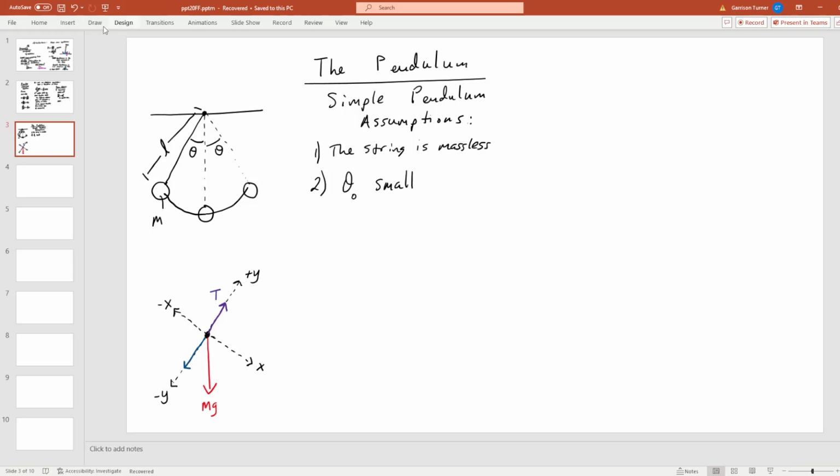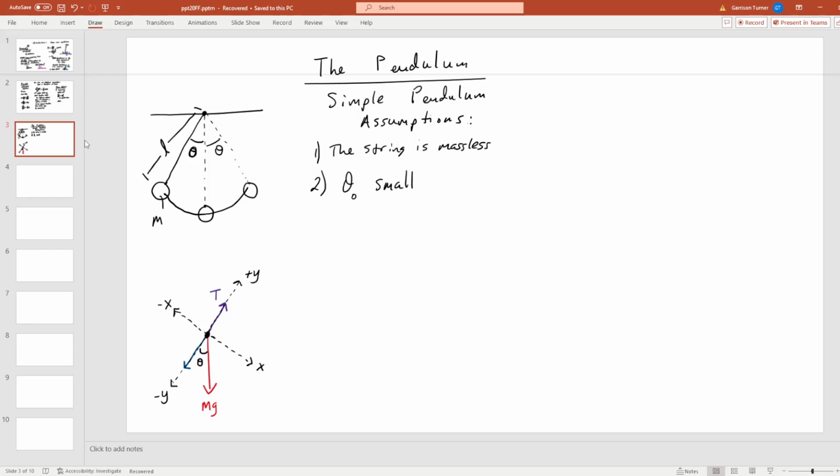And I'm going to make the claim, I'll prove it here in just a moment, that this angle is theta. Okay, so it's the same theta as in this diagram. All right.